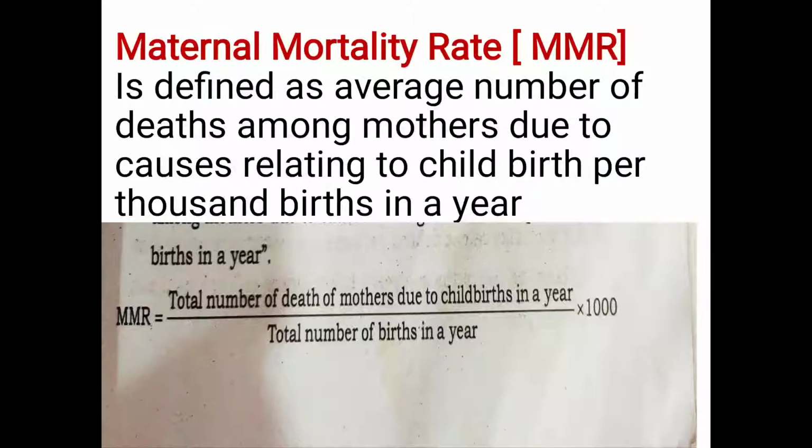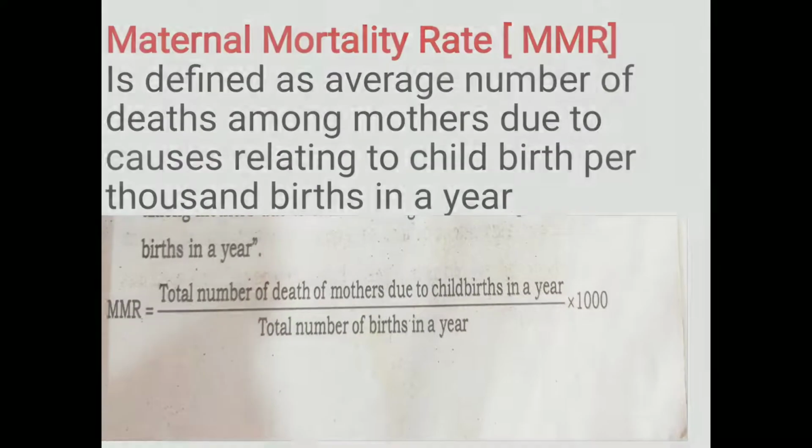What is the formula for this? MMR is equal to total number of deaths of mothers due to childbirth in a year divided by total number of births in a year into 1000.